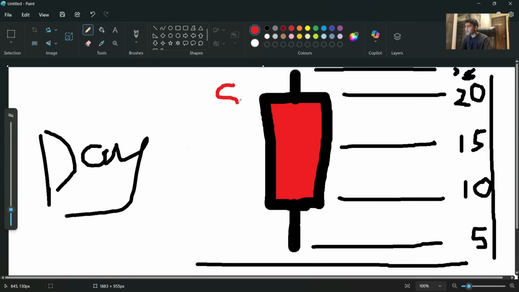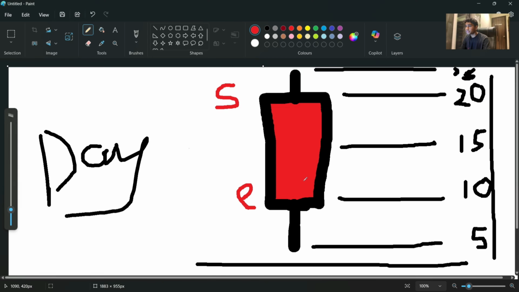Now this becomes the start point and this becomes the end point, which means the price started at 20 rupees and ended at 10 rupees in a particular day if you are choosing the day time frame. The highest it went was 25 and the lowest was 5. Green starts from here and ends here, while red starts from here and ends over here.